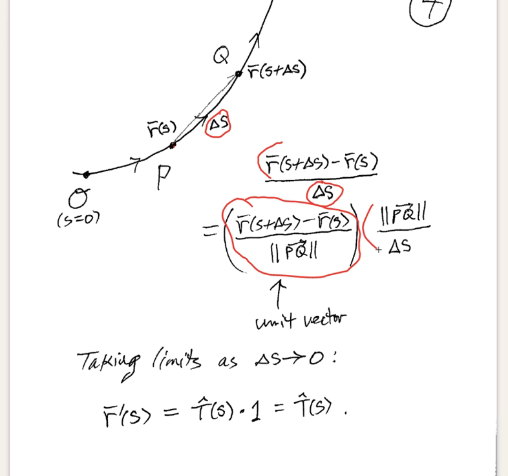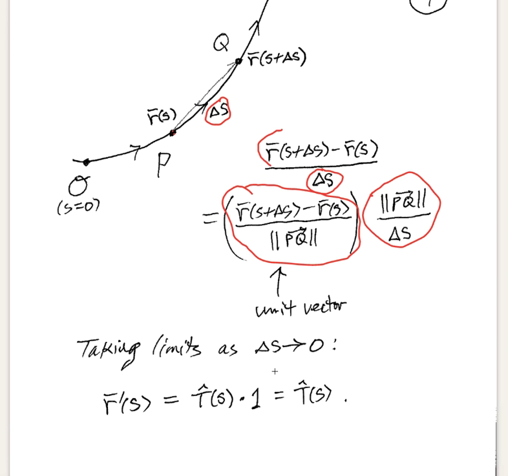This is not a unit vector, but we're going to see something that happens here. This is actually the distance PQ divided by delta S. You can see that PQ is always going to be a little bit shorter than delta S unless you're moving along a line. Nevertheless, if we take the limit as delta S approaches 0, this is going to end up being 1 also.